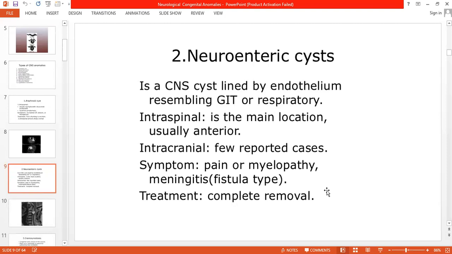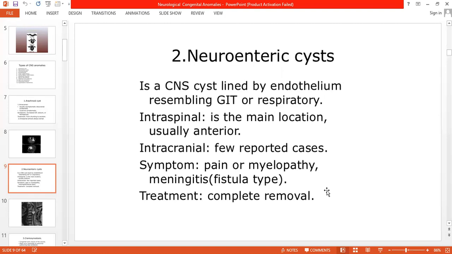The neuroenteric cyst is a CNS cyst, but here it is lined by epithelium resembling the respiratory or gastrointestinal tract. That's why it is called neuroenteric; enteric means derived from the intestine. The spine is the main location, usually anteriorly located.